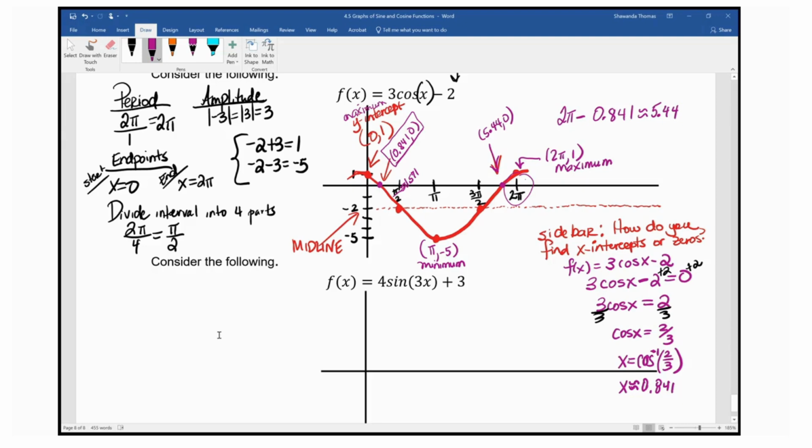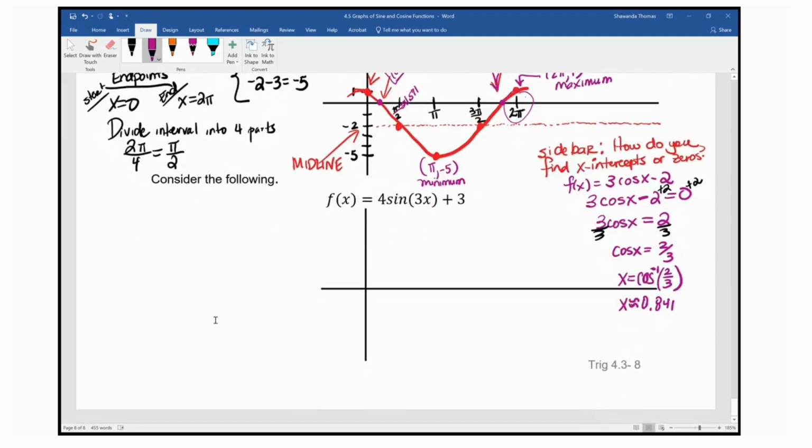All right, let's try this one. And then we'll try a hard one, and then we'll move on to try to touch on the next section. Consider the following. F of x equals 4 times sine of 3x plus 3. Do we have any horizontal shifting for this one?